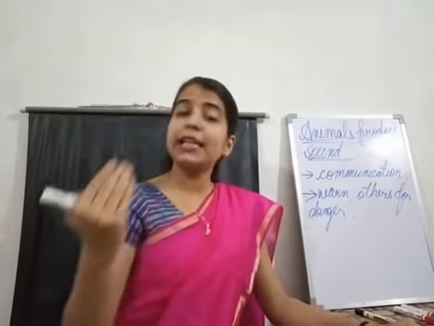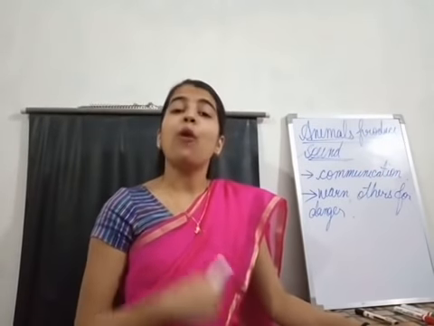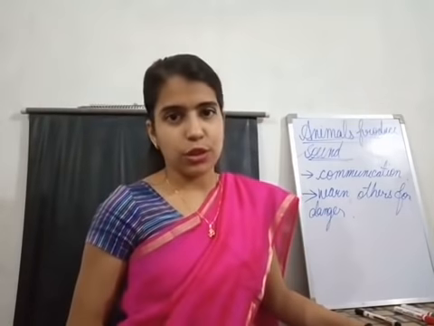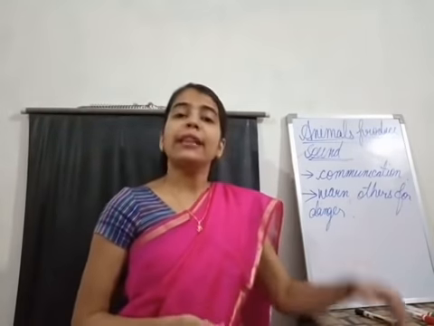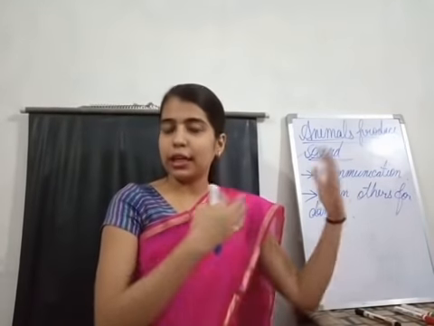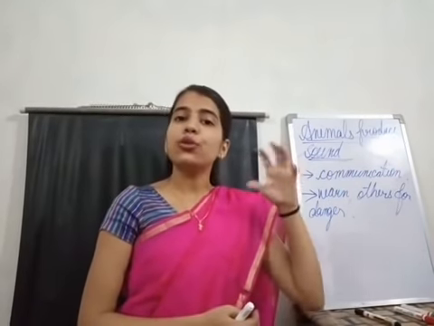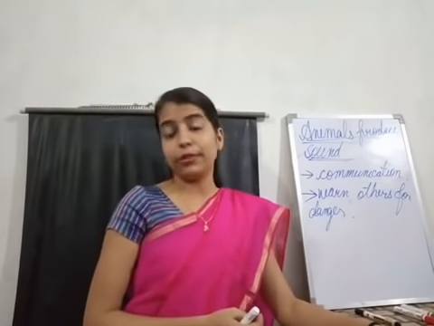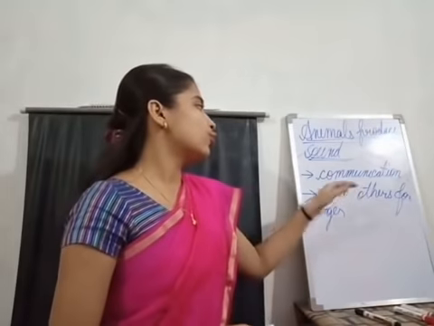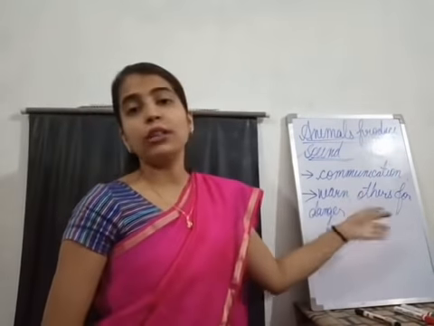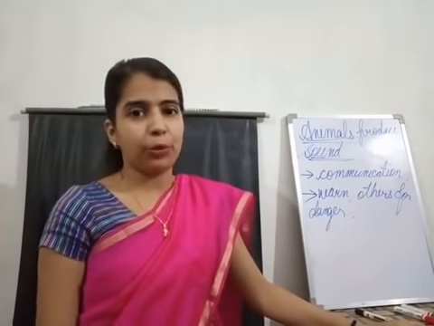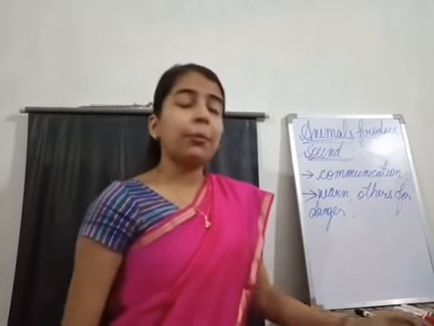If they see any danger approaching, they will instantly start making different sounds. When they make these sounds, they are warning their mates or other animals to become aware of the danger and move away from that area. Is it clear? So the second reason is to warn the other animals about a certain danger that is going to approach.